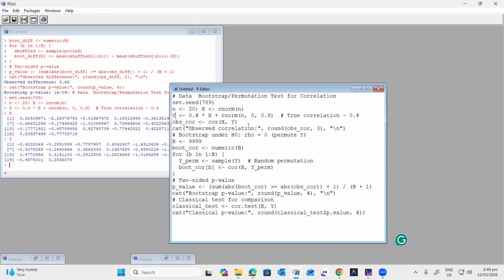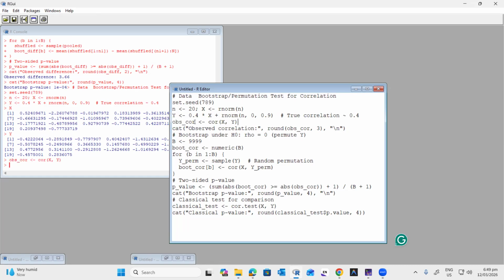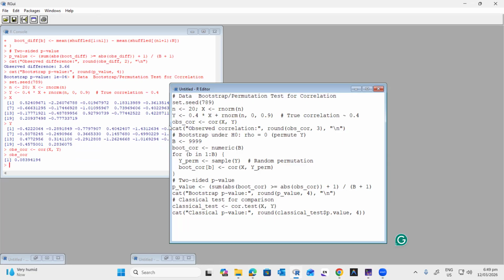After that we calculate the correlation between both of them with the command cor of x comma y, which computes the sample Pearson correlation r for the generated data set, and we store it in observed_correlation. The value is 0.08394.